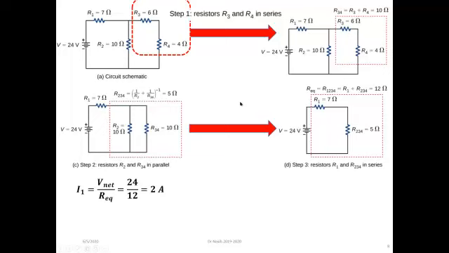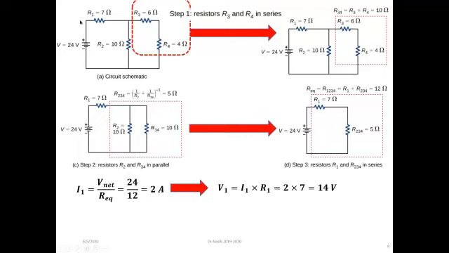From this 12 ohm, we can find the net or total current, the current passing through the main resistor, which means I1 is the potential difference, V net, divided by R equivalent, which means 24 divided by 12, 2 amps.